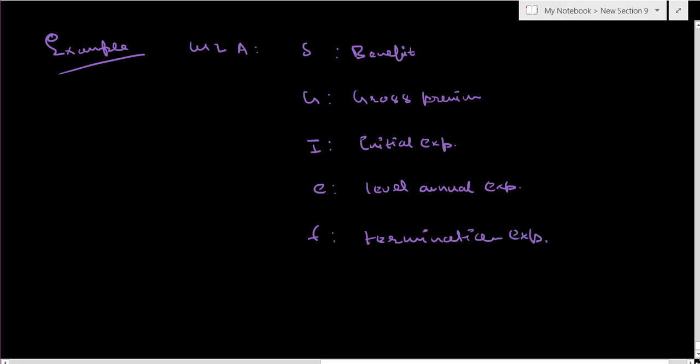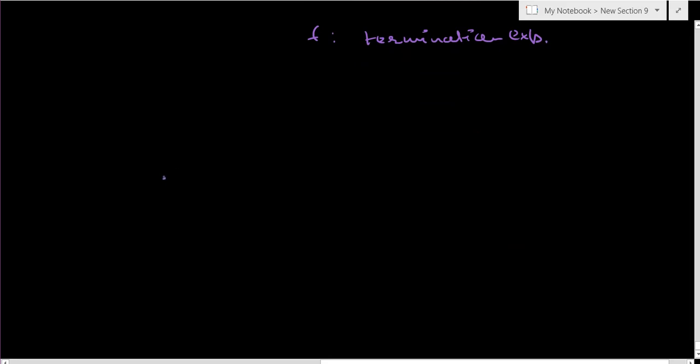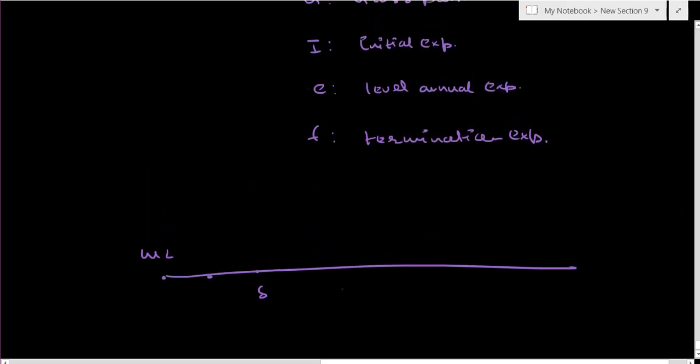So let's try to picture this. A person buys a whole life assurance contract and will get an amount of S at the end of the year when he dies. So this is payable at the end of the year of death. If he dies at time 1 he gets S at time 1, if he dies at time 2 he gets S at time 2, and so on. There are level premiums G every year.